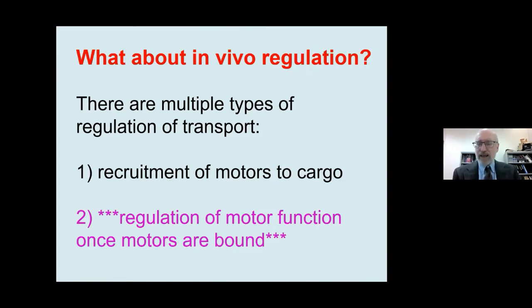In all the cases where we could really tell, it seemed like there was not very active regulation via recruitment and release of motors, but rather you were changing the activity of the motors once they were bound to the cargo. And so I got interested in this alternative form of regulation.